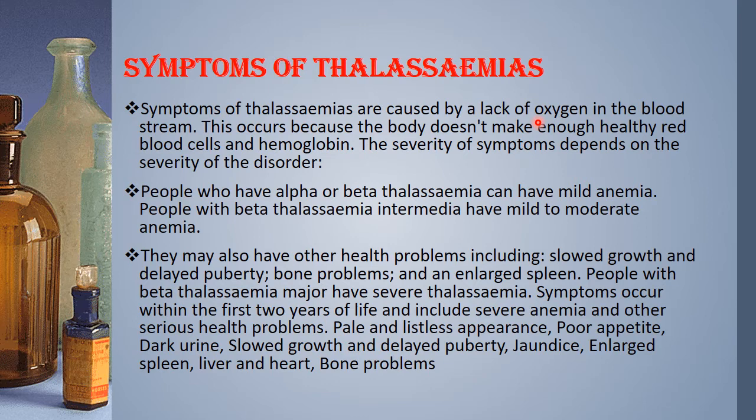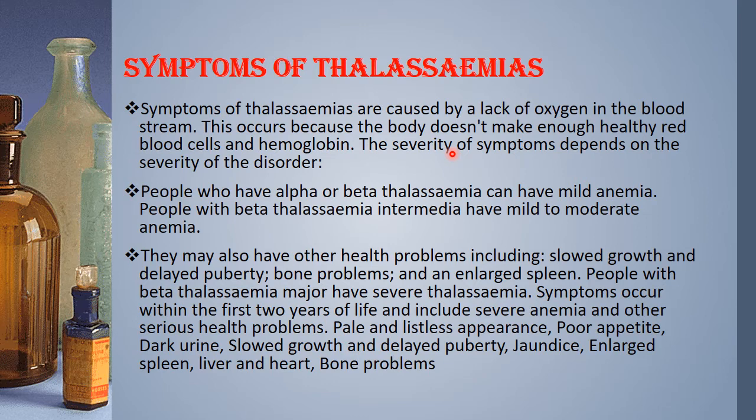People with beta thalassemia intermediate have a mild to moderate anemia. انتبه على هاي النقطة. الألفا or beta thalassemia can have mild anemia. البيتا thalassemia intermediate mild to moderate anemia, وأكثر شيء يكون moderate types of anemia.